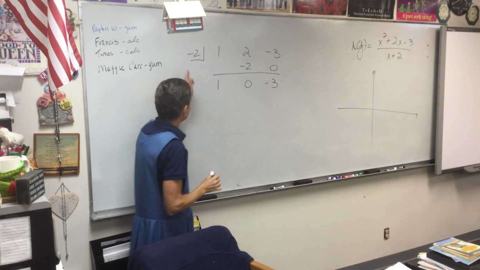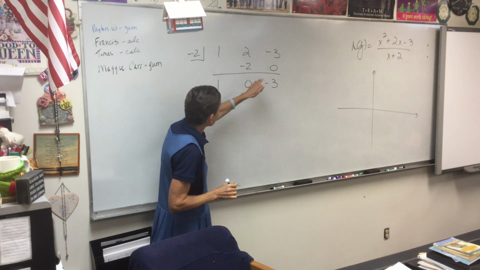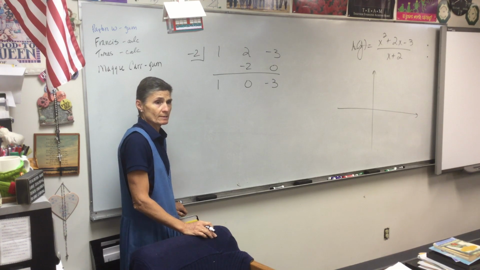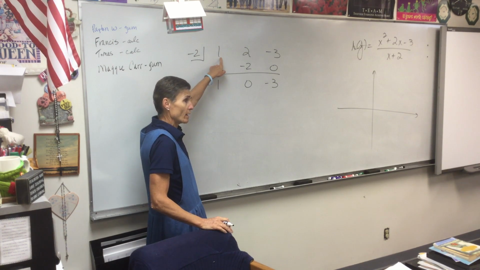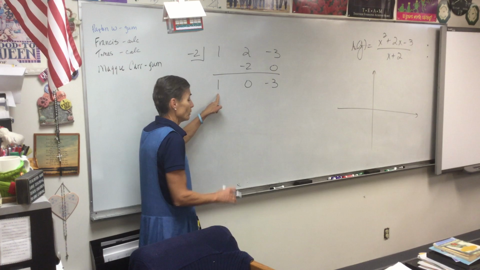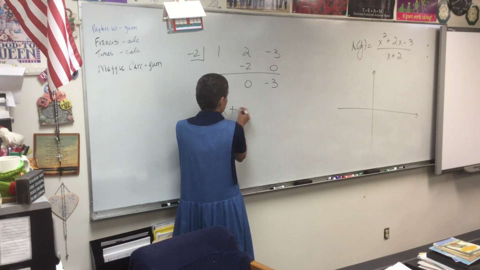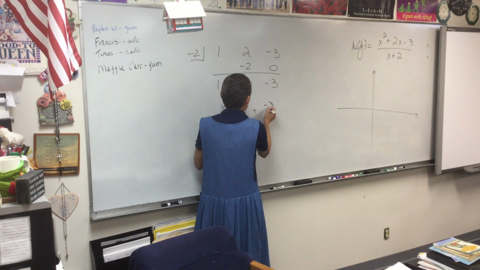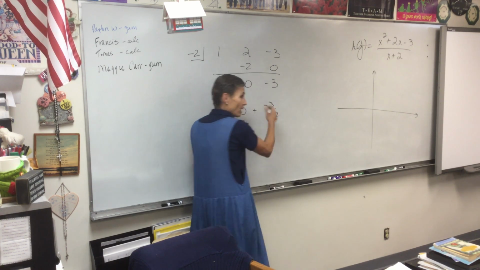So you're just going to do the regular synthetic division, like you always do. Did I do it right? Yeah. Okay. And then tell me what the answer is. Remember, that was x squared, right? So this will be x plus 0, and then the remainder.